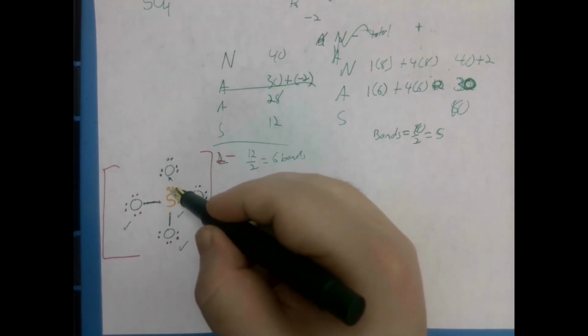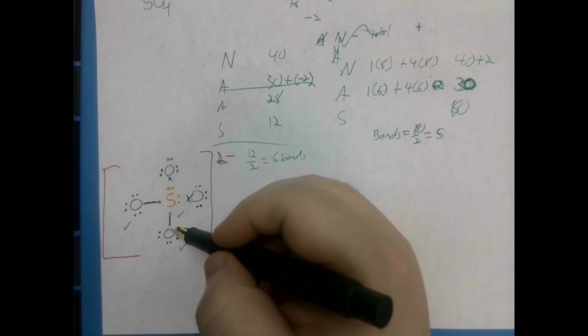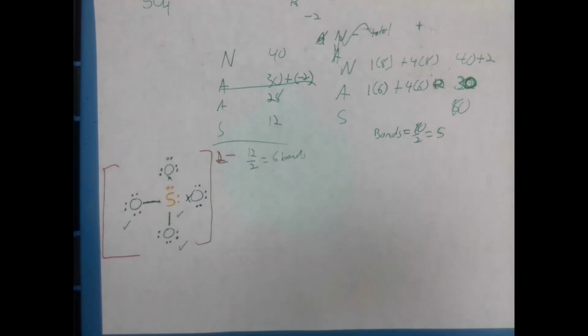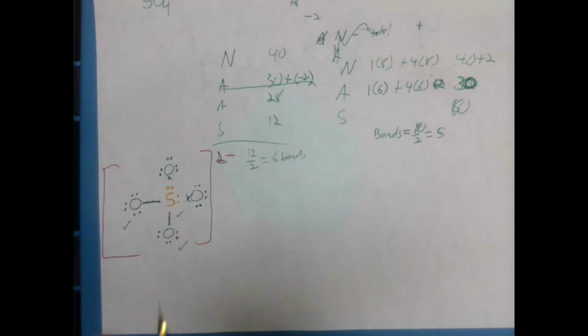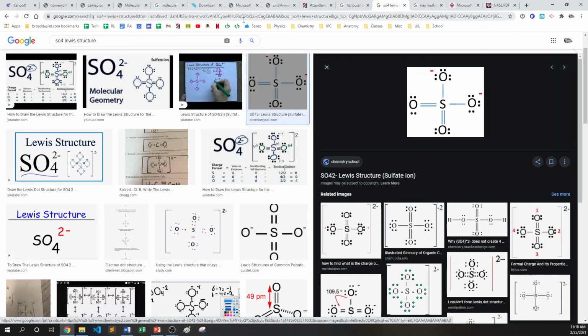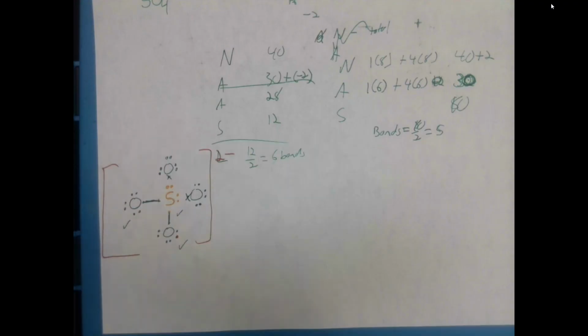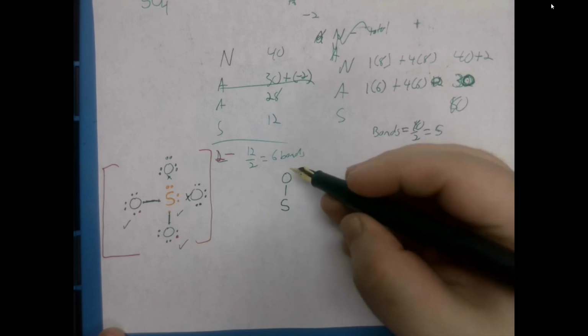Does 1, 2, 3, 4, 5, 6, 7, 8. Ooh, what's up with the Lewis dot structure? That doesn't seem right. That gave y'all 2 hard ones. Why does sulfur have 10? I would have come up with this.